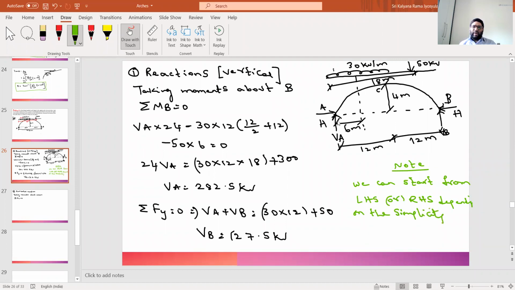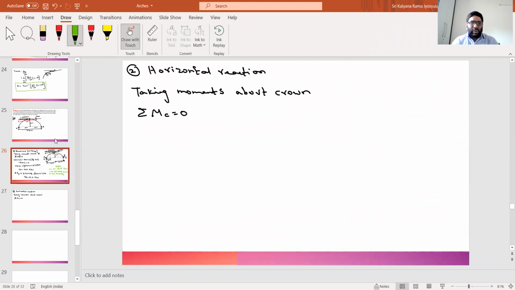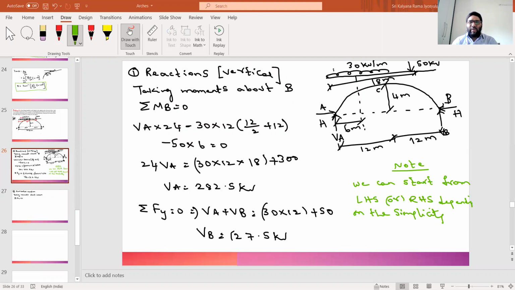If we start from the left hand side, we have VA and UDL. UDL is always a confusing point for all of us, generally, but if you are accustomed to it, no problem. So we can also start from the right hand side, from B. When we start from B, what do we have? VB into 12 minus H into 4 minus 50 into 6 is equal to 0.